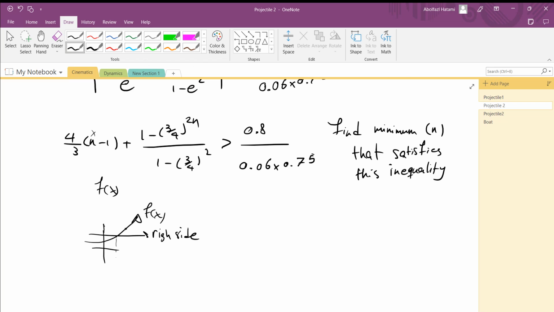For example, if it is 4.6, our answer is going to be 5. Or if it is 5.6, our answer is going to be 6.